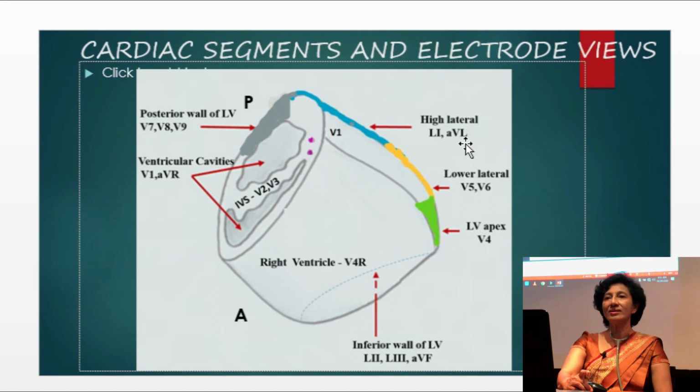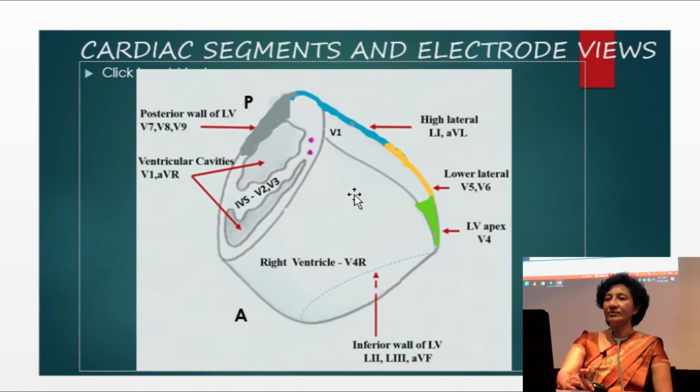This is called the high lateral group of leads. Electrical activity of the lower lateral wall of the left ventricle is recorded by leads V5, V6. These are called lateral leads. Electrical activity of the LV apex is recorded by lead V4. Electrical activity of the anterior wall of the left ventricle is recorded by lead V1.